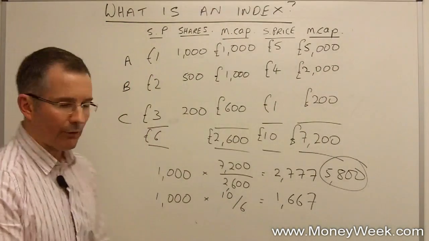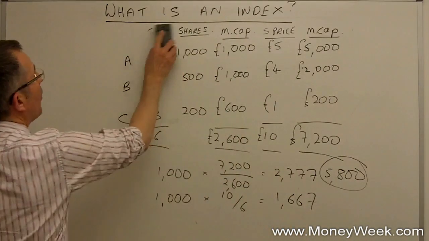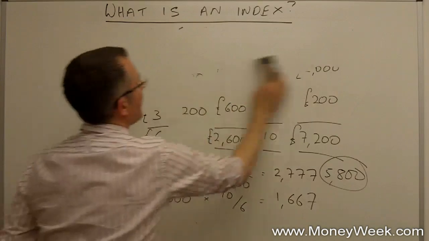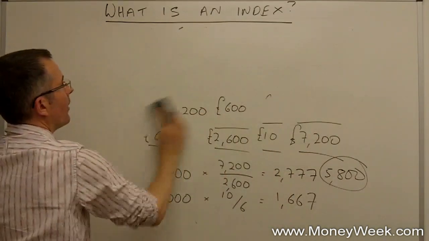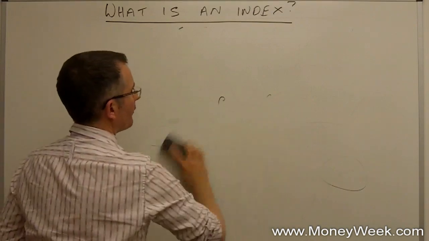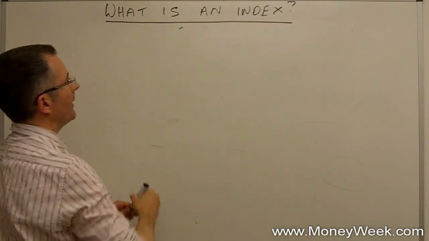So that's the next question. If we look at the FTSE 100, for example, that is a club of, let's say, 100 members, chosen on the basis largely of size.